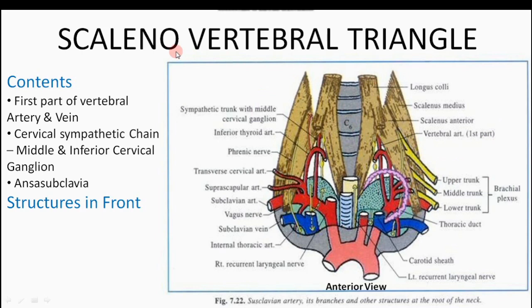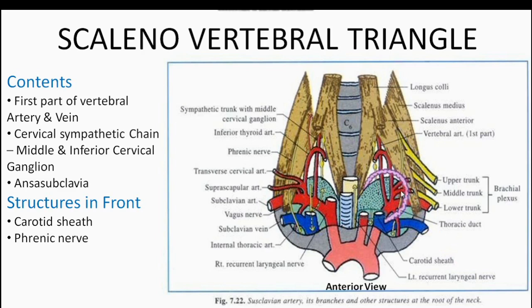So in viva, a question can be asked, what are the structures in front of this scalenovertebral triangle? Clear? So structures in the front are, we have seen, this carotid sheath.